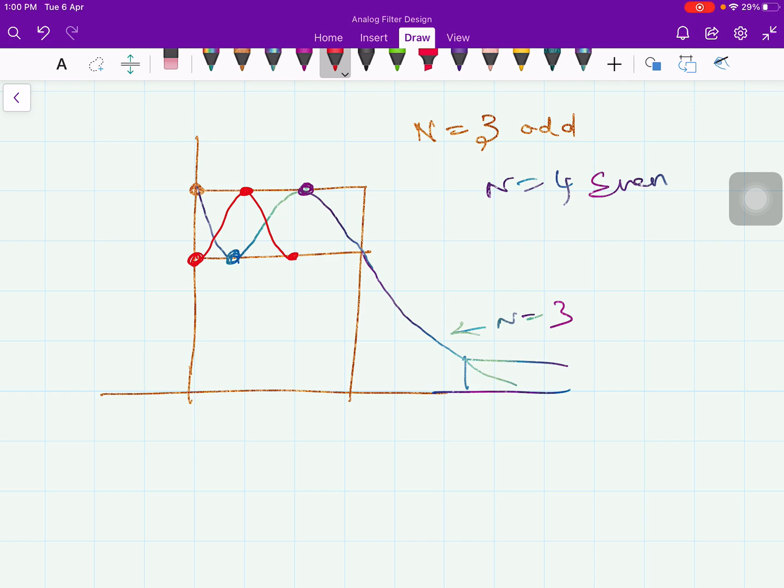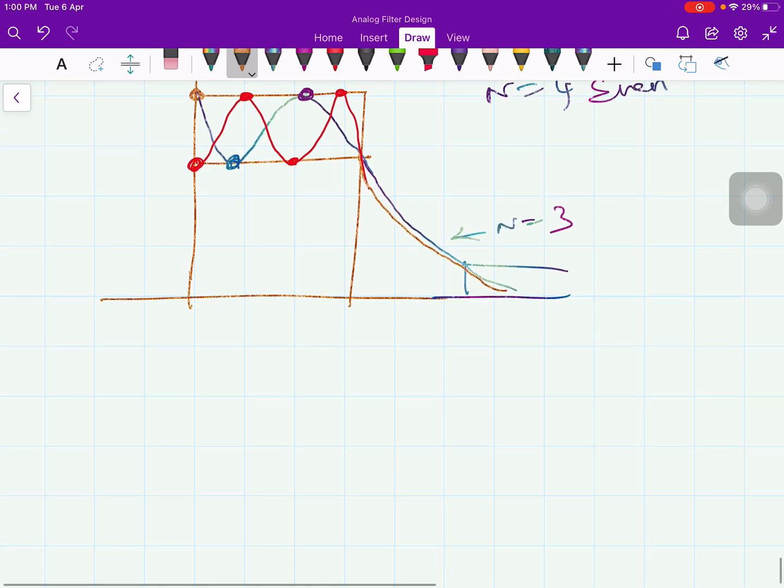And then again another maxima here, and then pass through this point. I'm sorry, this curve is very bad. I'm very sorry.